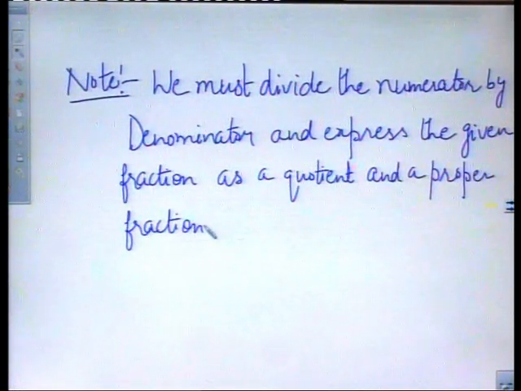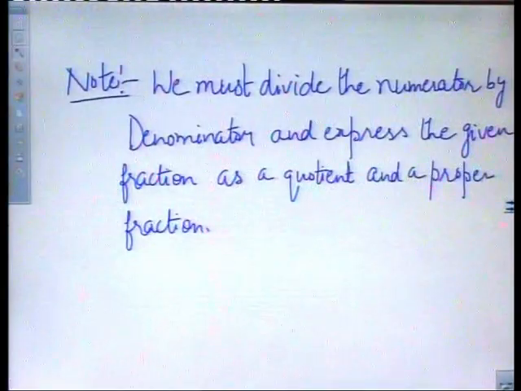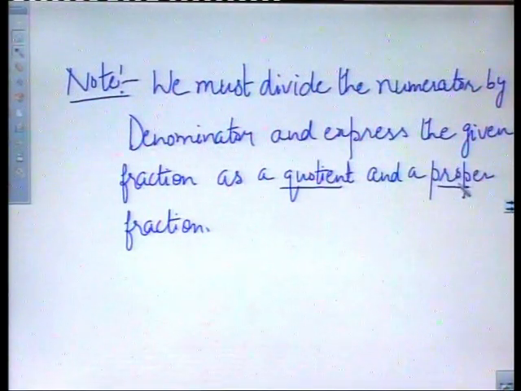It means if in the question it is an improper fraction, in order to make it a proper fraction, what will we do? We will divide the numerator by the denominator and write the given fraction as a quotient and a proper fraction. When we have the proper fraction, we can solve the question.